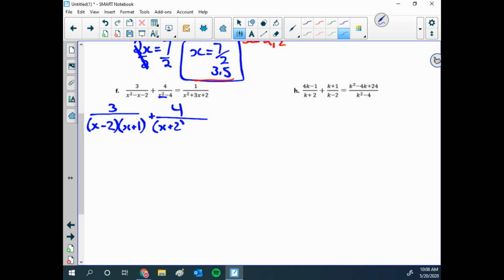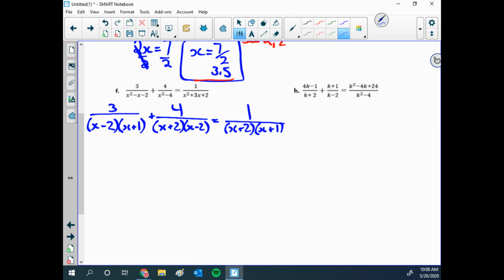So x plus 2, x minus 2, equals 1 over this second last denominator, which can also be factored with a equal to 1 trinomial. So I'm looking for two numbers that multiply to 2 and add to 3. So x plus 2, x plus 1.